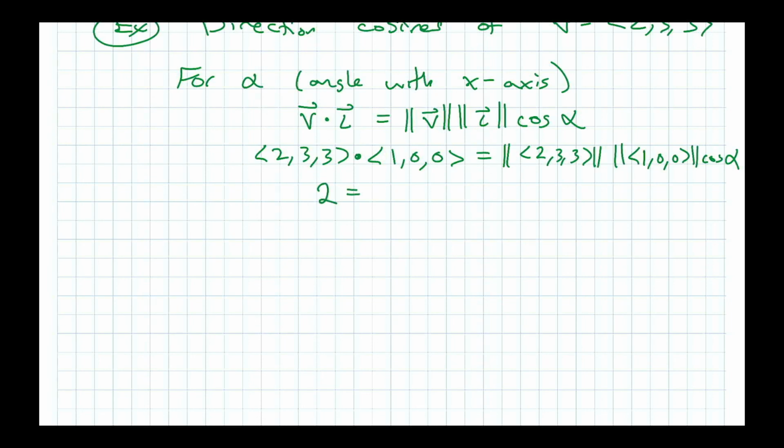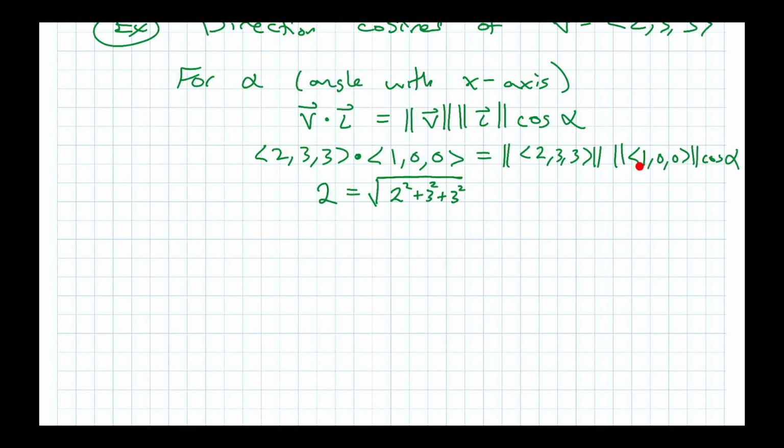And then on the other side, you've got the magnitude of v, which you have to calculate. So 2 squared, 3 squared, 3 squared. But the other one, the magnitude of (1, 0, 0), the i, j, and k, the length of them is obviously 1, because there's only one nonzero number here and the others are 0.